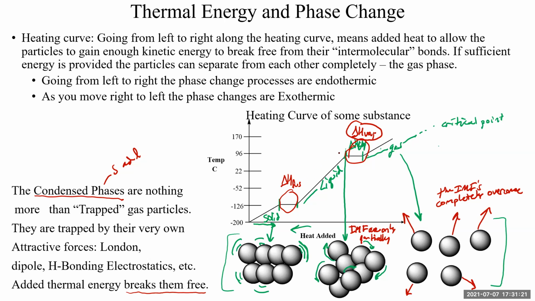In between, the energies that govern the in-between part, like for example from 0 degrees Celsius to 100 degrees Celsius in water, or in this case, negative 126 degrees Celsius to 96 degrees Celsius for whatever this substance is, from its freezing point to its boiling point, are governed by the specific heat.